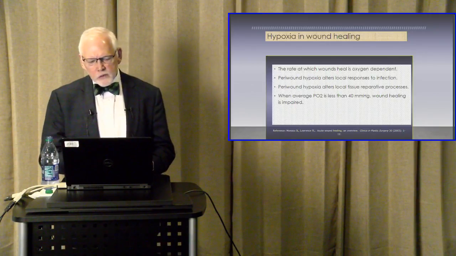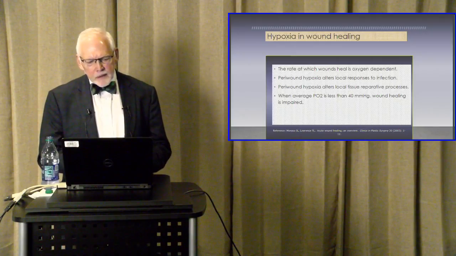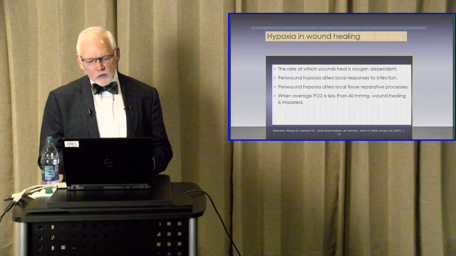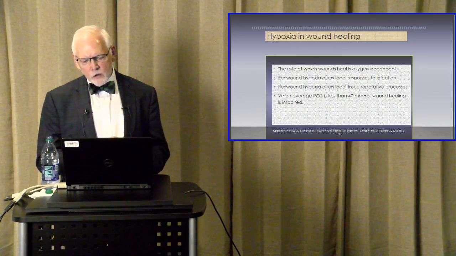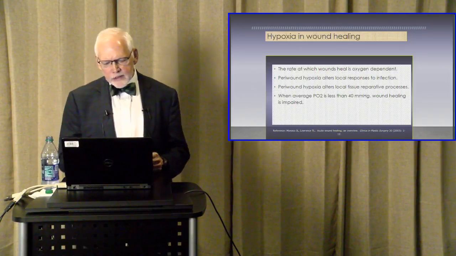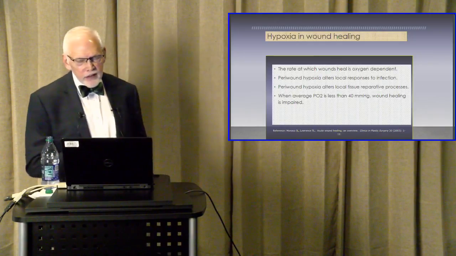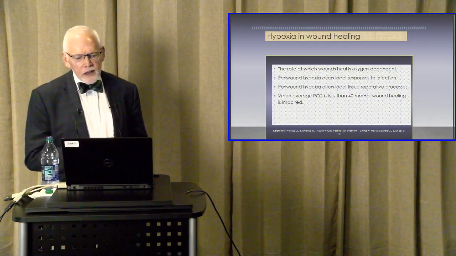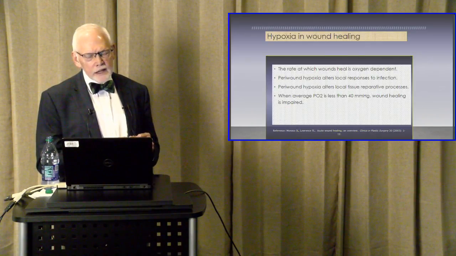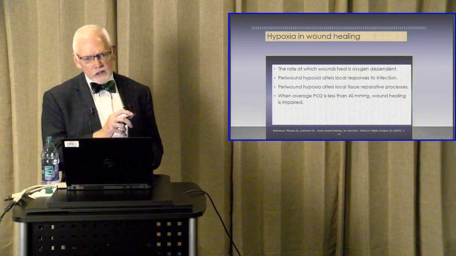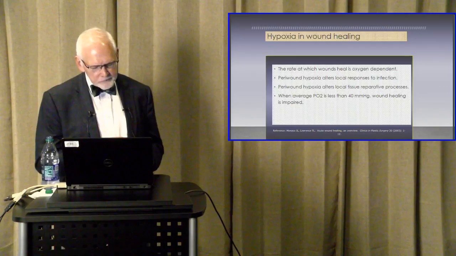There are other reasons for wound hypoxia, but there have been studies that have shown that if your average PO2 in tissue is less than 40 millimeters of mercury, then wound healing is impaired. In fact, a PO2 in the tissue of 20 is used sometimes as an indication that this is where you need to amputate.